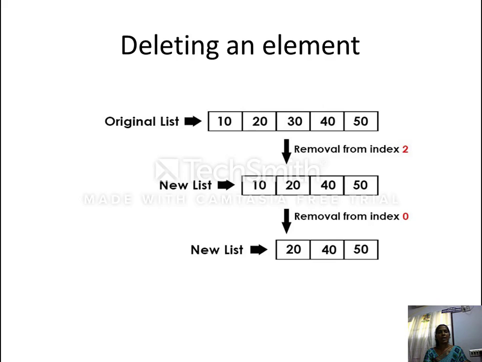So the value at index 4 is shifted to index 3, and the value at index 5 is shifted to index 4. If you want to delete the first element, we can remove it directly; we can move the index 2 to 1 and 3 to 2 and 4 to 3.